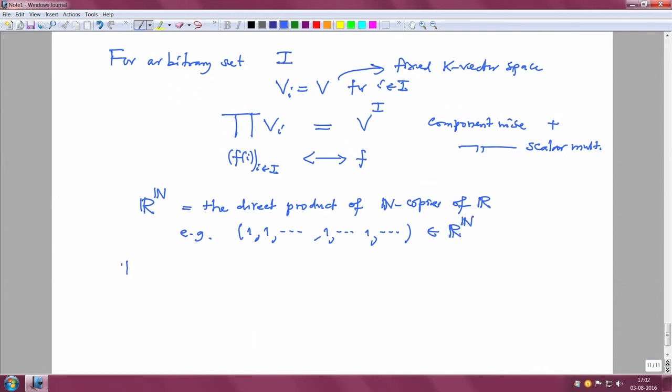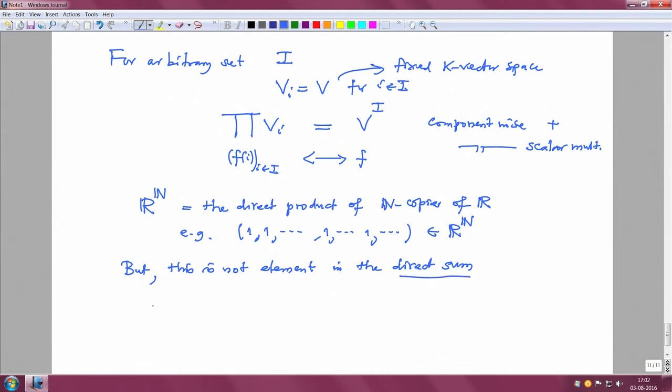But this is not an element in the direct sum, because the characteristic property of an element in a direct sum is that only finitely many entries in the tuple should be non-zero, but here all the entries are non-zero. So it cannot be an element in a direct sum.